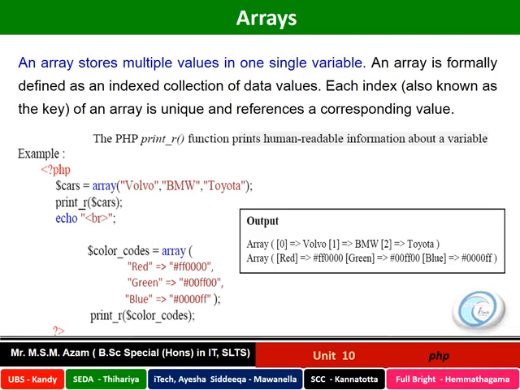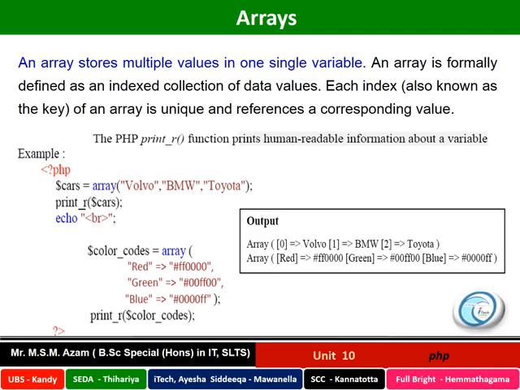See the given example. In the example, I have created a variable called cars. To create a variable, I have to place the $ mark and give the name of that variable. But that variable equals array.